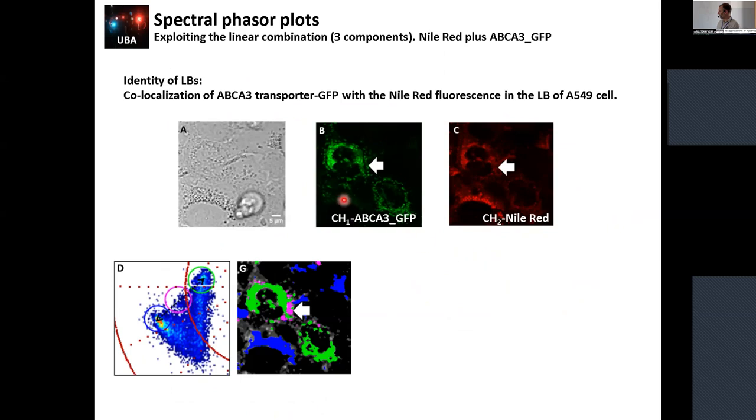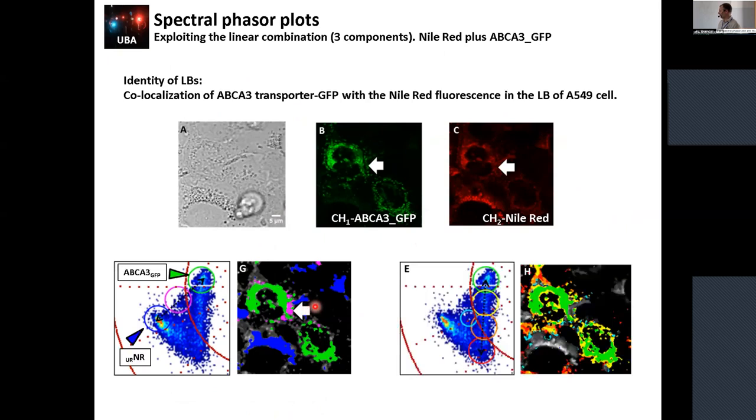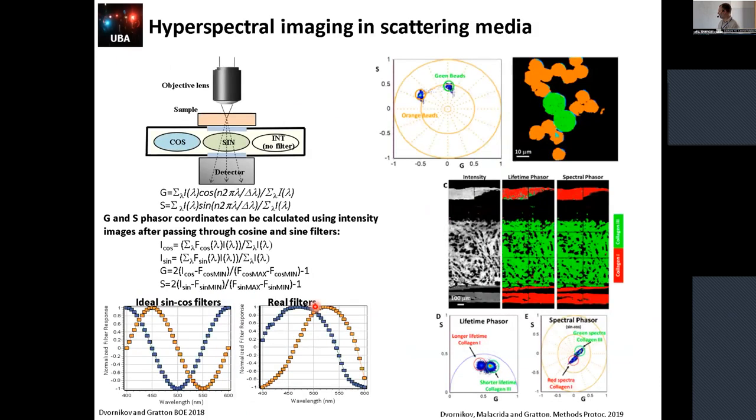When we do that, you see in purple here the linear combination between Nile Red and the green fluorescent protein. And these are our lamellar bodies here in purple. Then we can do all the other linear combinations in the cell for this experiment. So basically, we demonstrate that this is possible, and basically the identity of the lipid.